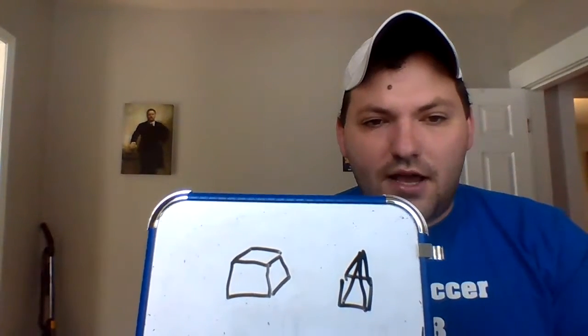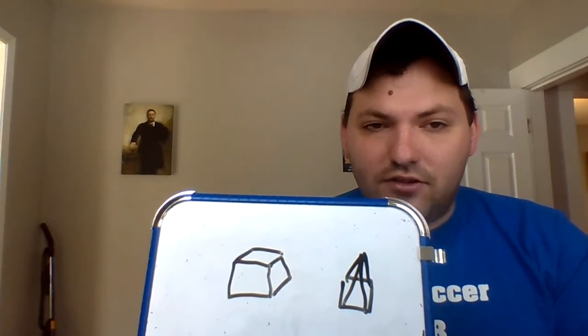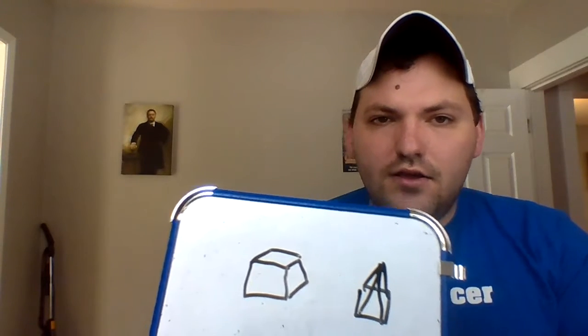And then, of course, we know that the 3-dimensional shape that the other one makes up is a rectangular pyramid, right? So then we have to figure out what are we going to do with the surface area of these 2 things.